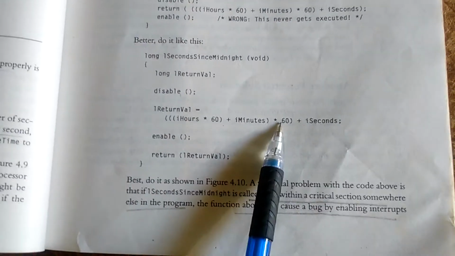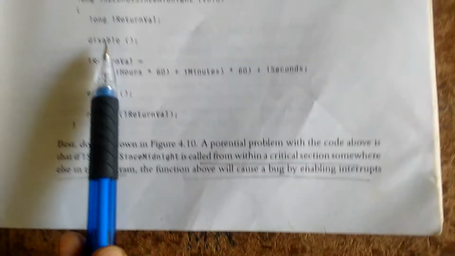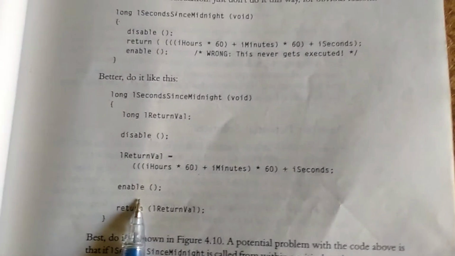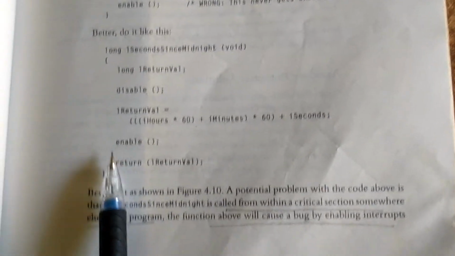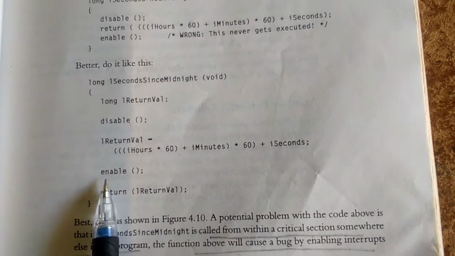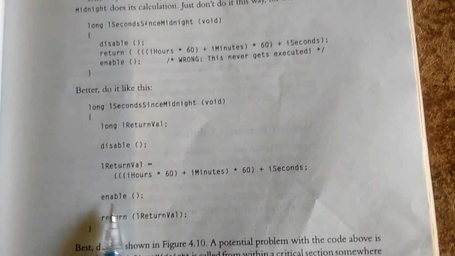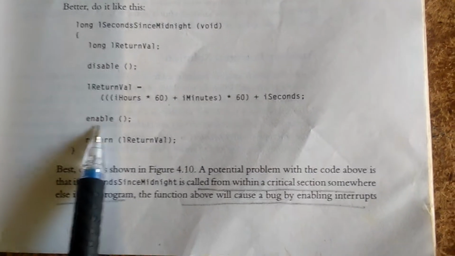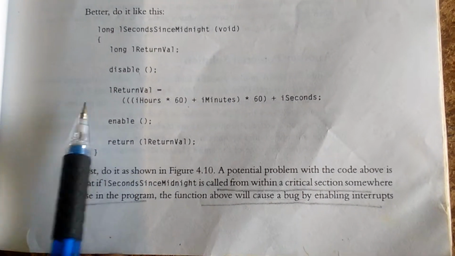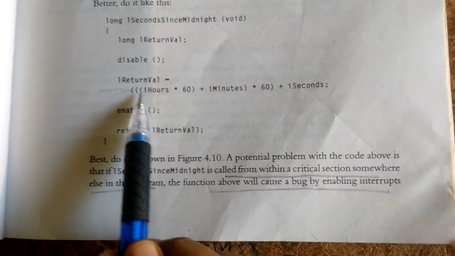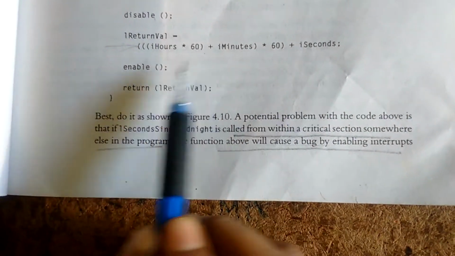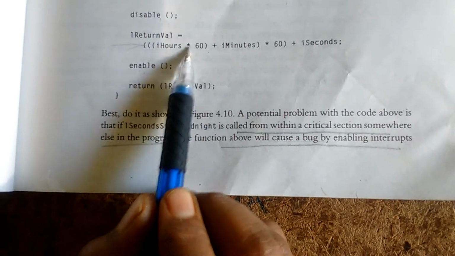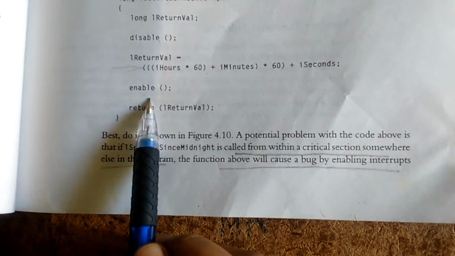One problem of using this kind of disable and enable is that when we use enable, all other interrupts are enabled even if they are not supposed to intervene. It may not be that we are enabling an interrupt that would mess up the values within the hours, minutes or seconds, but it enables all the interrupts.